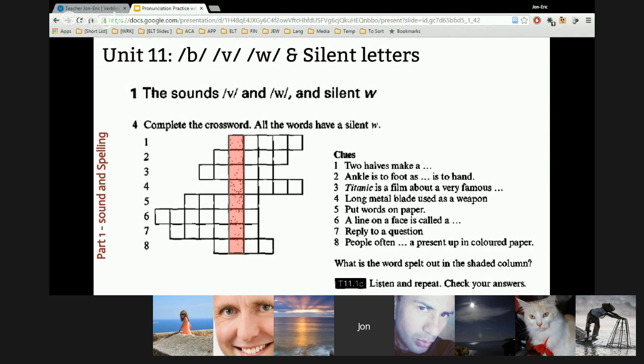In the syllable whole, it is a closed syllable because it ends in an L. It would be open if it ended in a vowel, but it ends in an L. So we add the E to change the sound of the O back to its name. This is called opening the syllable. If we didn't have the E, it would be howl. So we add the E, it becomes whole. That's called opening the syllable, the magic E.